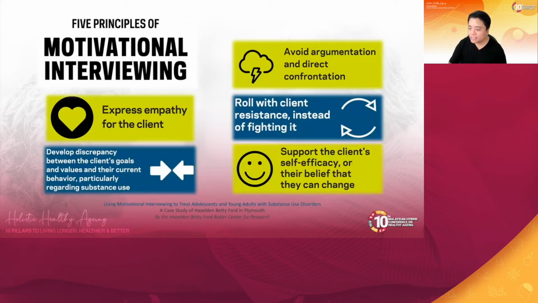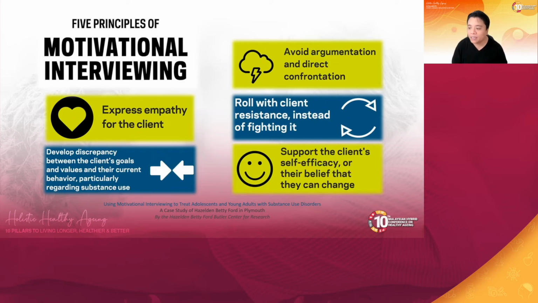Here in this slide, for example, we have 5 principles of motivational interviewing. I got this information from an infographic from a case study of Hazelden Betty Ford in Plymouth. This Center for Research uses motivational interviewing to treat adolescents and young adults with substance use disorders.